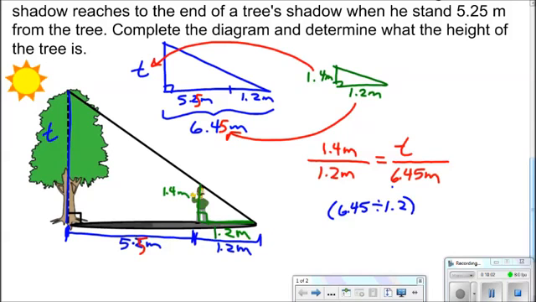So we're going to divide 6.45 by 1.2, and that tells us what needs to get multiplied. So we need to multiply by 5.375. And so if we do that on the bottom, in order to keep an equivalent fraction, we do the same on top. So we are going to multiply Ned's height by 5.375 to find out what the tree height is.